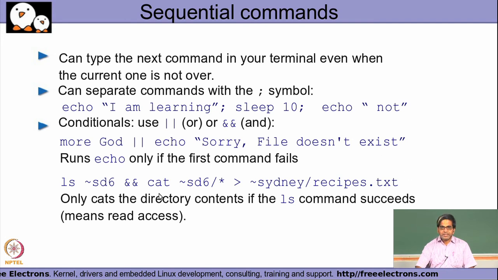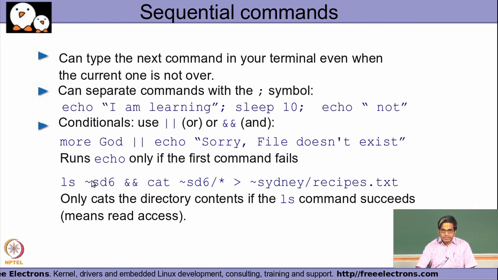Because the truth table value of an AND operation will be 1 only if both of them are 1, only if the first command is successful, the shell will go ahead and execute the second part of the logical conditional operator expression. If this was not successful for any reason, maybe SD6 was not a valid user, because with the tilde character we are trying to refer to the home directory of the SD6 user.